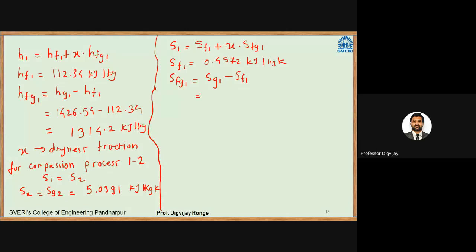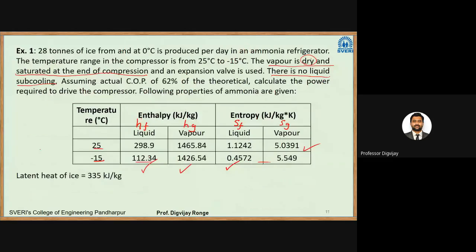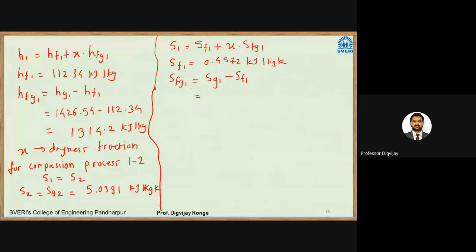Okay. Now again, for which temperature? That will be minus 15 degrees Celsius, because the corresponding temperature for point 1 is minus 15 degrees Celsius. So I have to take the difference of these two values. So that will be 5.549 minus 0.4572. I hope I remember that. 5.549 minus this SF value 0.4572.